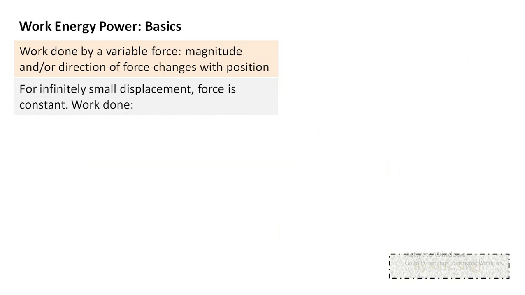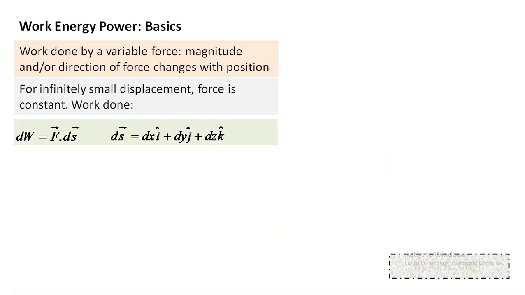So when force changes with position, if the displacement is taken to be infinitely small, then for infinitely small displacement the force can be treated as constant, and hence for infinitely small displacement, we can use our normal definition of work done.